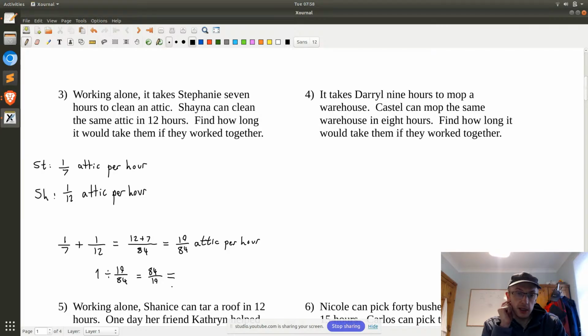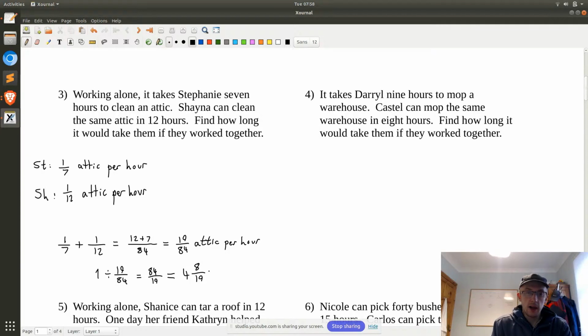And how many 19s go into 84? Well, let's see. 4 times 19 is 76. And then we have 8 remaining. So like 4 and 8/19.